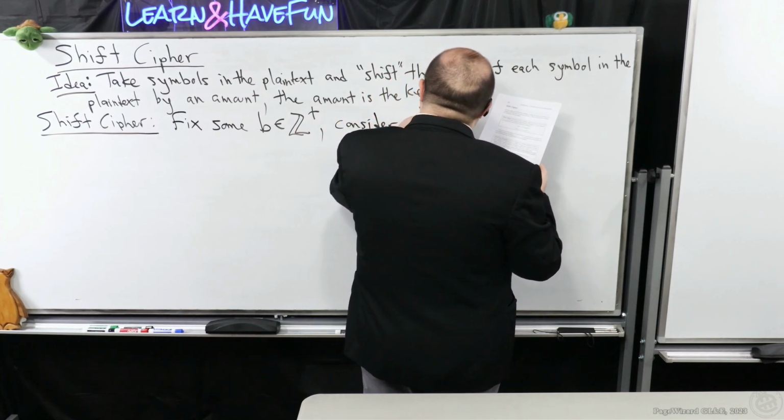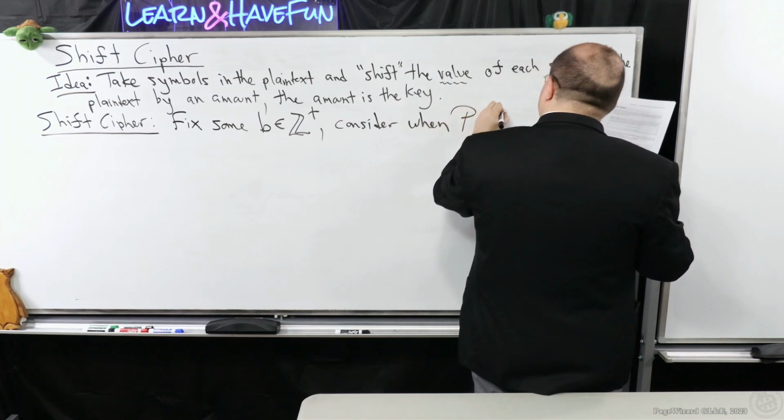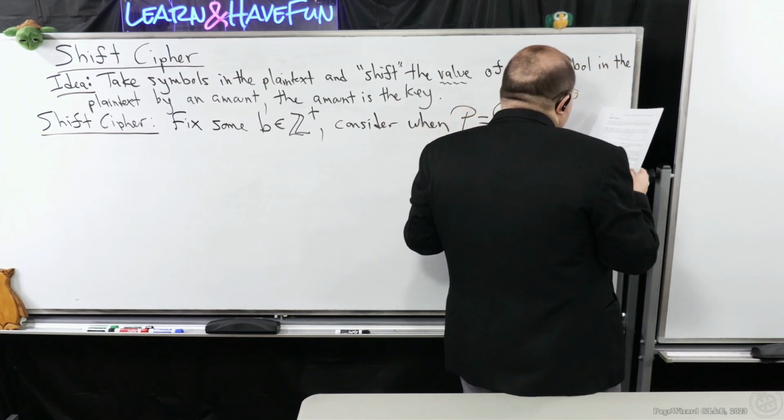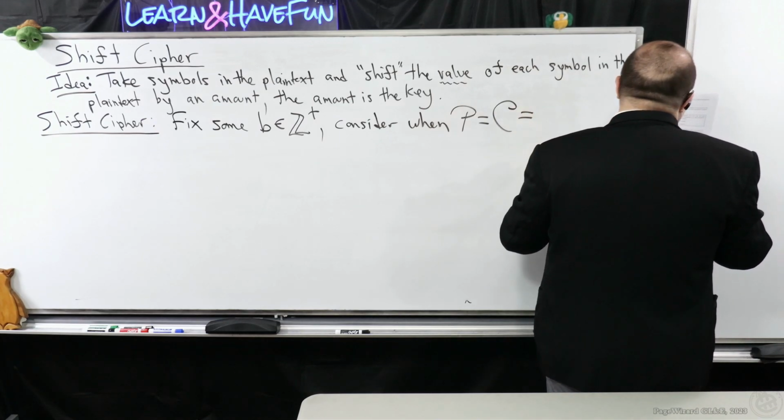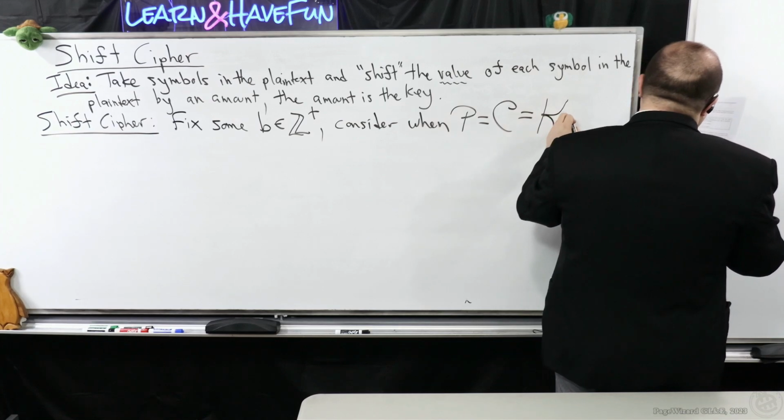Consider when the possible plaintext is equal to the possible ciphertext, which is also equal to the keys.